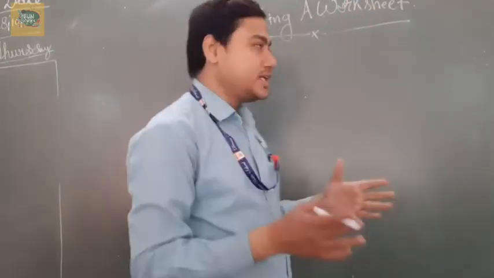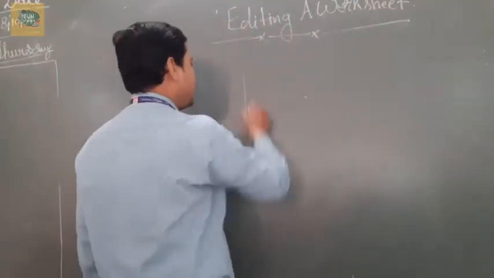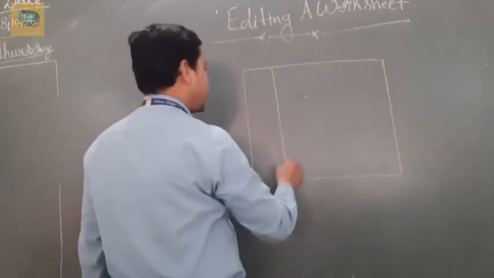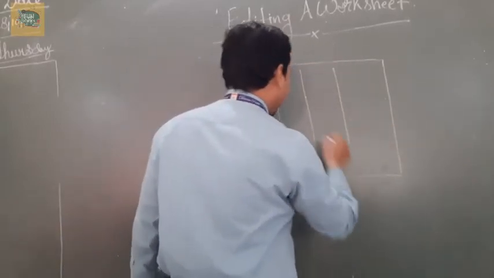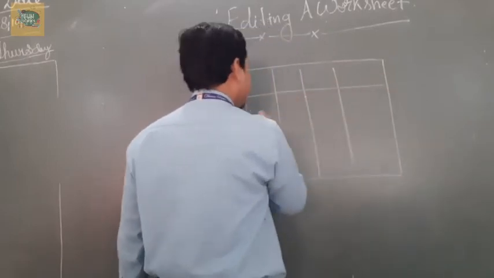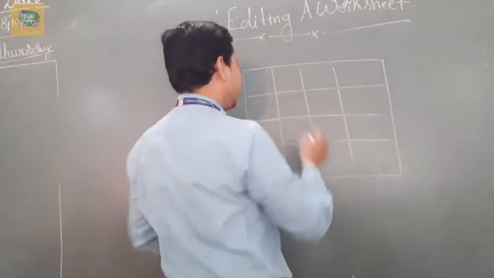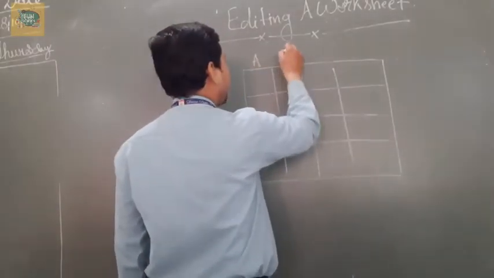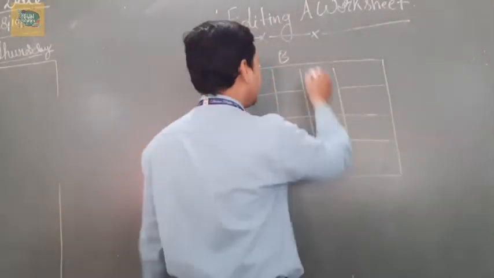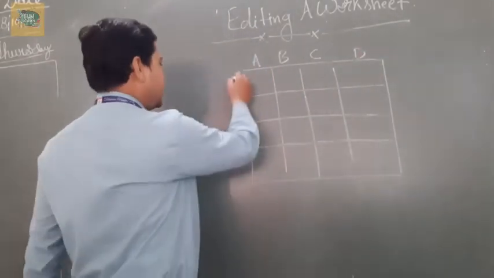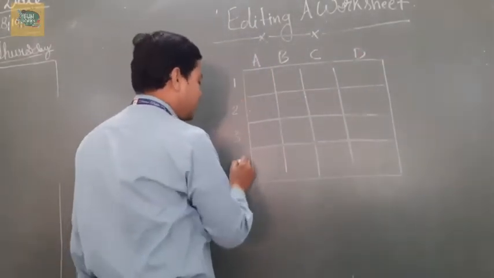In a worksheet, the sheet has so many grids called cells. It looks like this, and you can see the upper side of each of them is written with alphabets A, B, C, D, and these all are written with numbers.